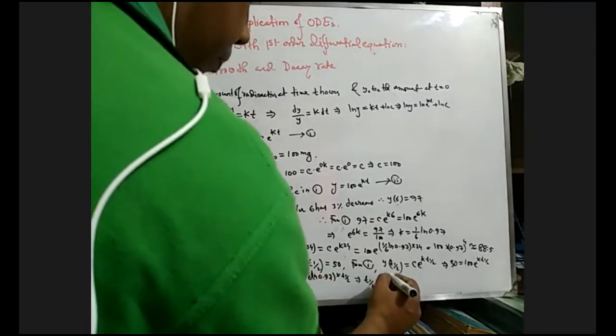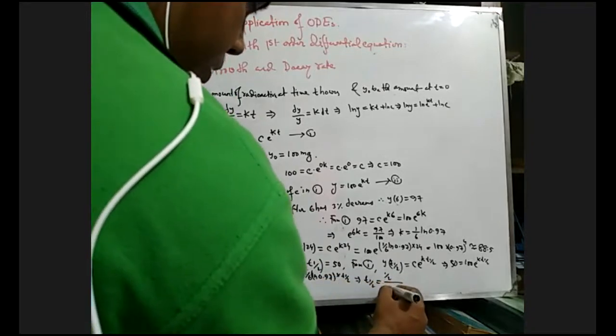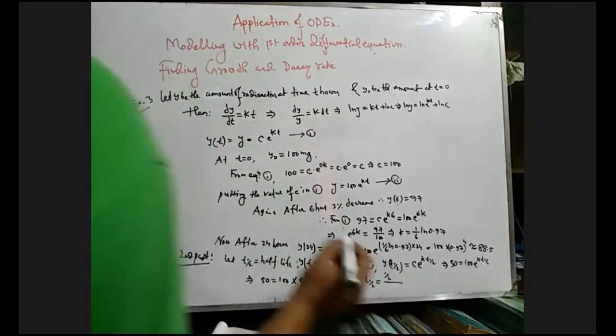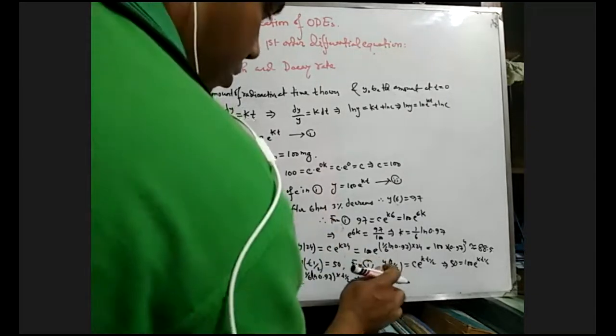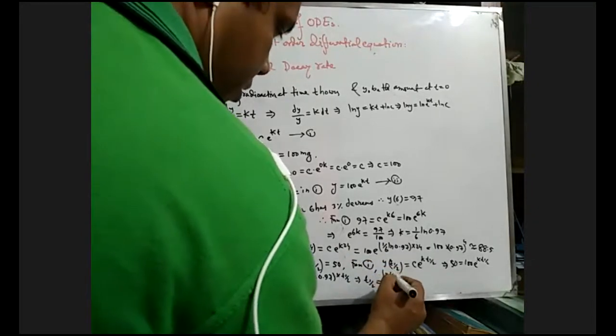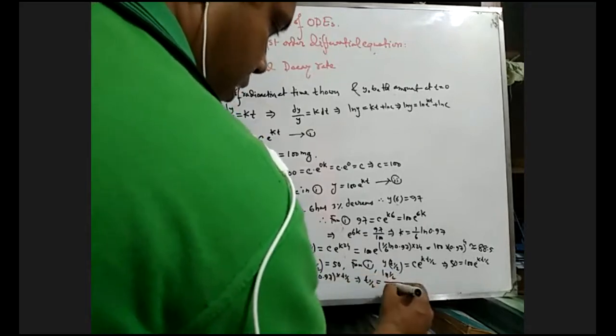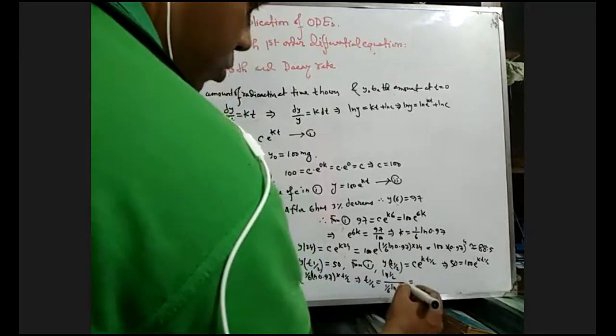Okay, half divided by this one, e to the power 1 by 6 ln 0.97 times T half. Taking ln on both sides, we get ln half equals 1 by 6 into ln 0.97 into T half. Okay, so this equals what will be?